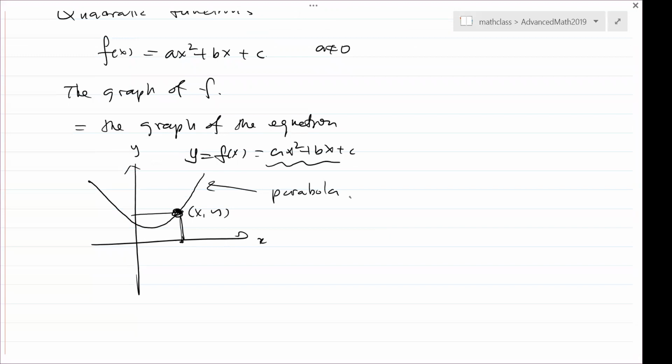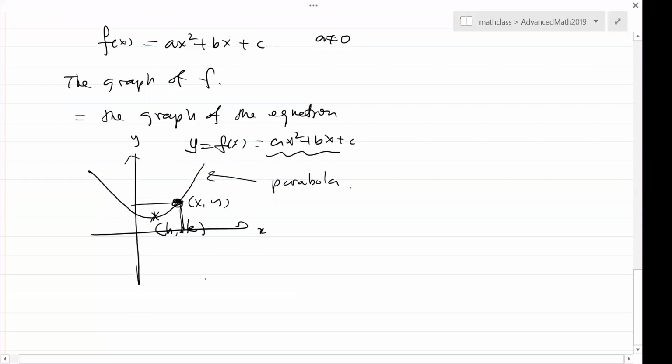Then when you look at the parabola, you find out there is a lowest point in some cases, in the case a greater than 0. So how do you find the lowest point? The lowest point is going to be called (h, k). How do you get the h and k?